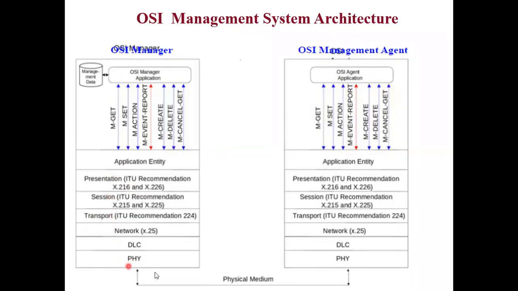What is below is all your 7 layers of the OSI model. We are not going into all this because you have already studied it in CCN, how the signal goes from the application layer to the presentation layer, from presentation to session, and so on. So we are not at all dealing with this part. We are dealing with the application layer of the manager side and the agent side.